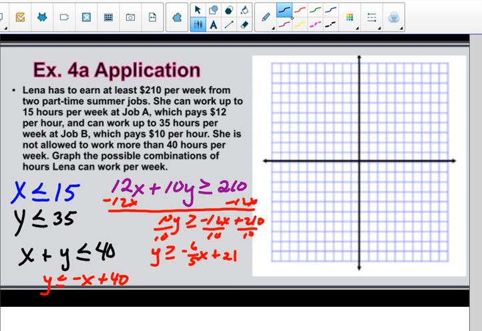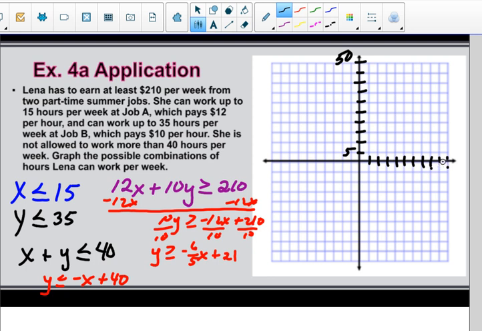So this would be 5, 10, 15, 20, 25, 30, 35, 40, 45, 50. So this would be 50 up here. This is 5 here. And then we will just count by our x's, we'll just count by 1s. So this would be 1, 2, 3, 4, 5, 6.